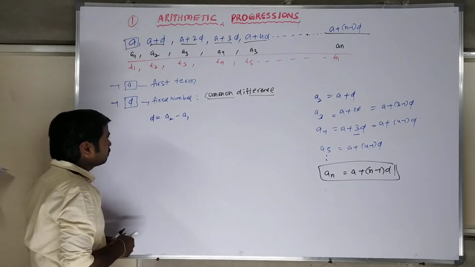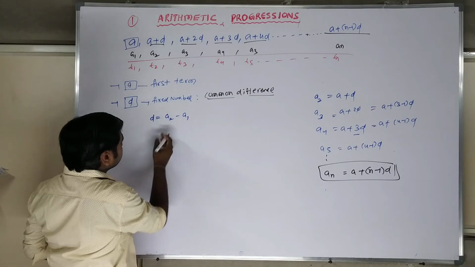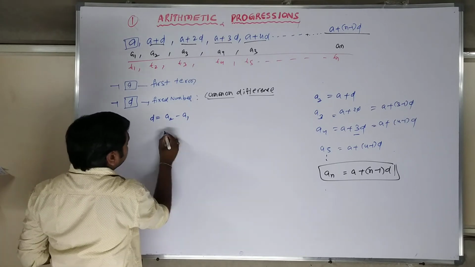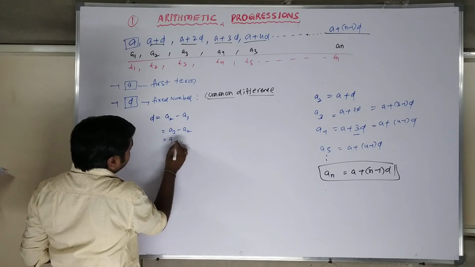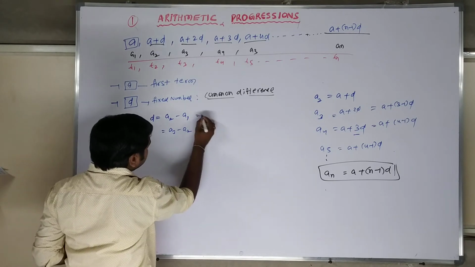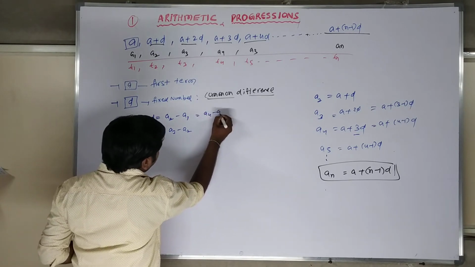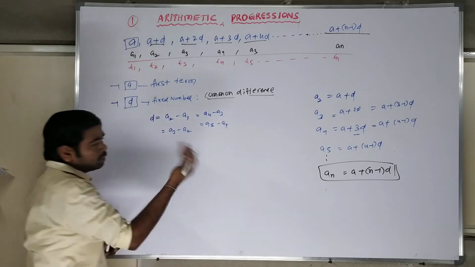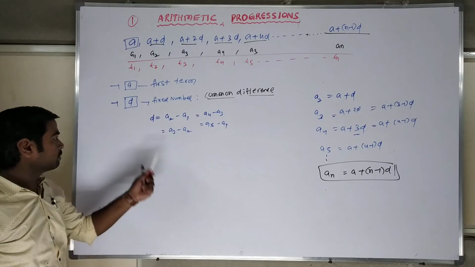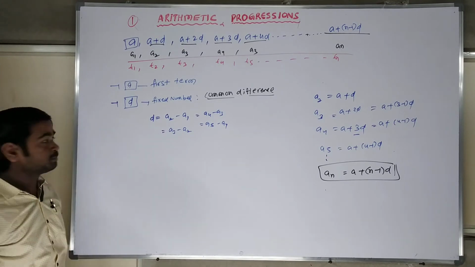So d is equal to t2 minus t1 or a2 minus a1, or a3 minus a2, a4 minus a3, a5 minus a4. All must be the same. Subtract the preceding term from the next term, and you get the common difference.